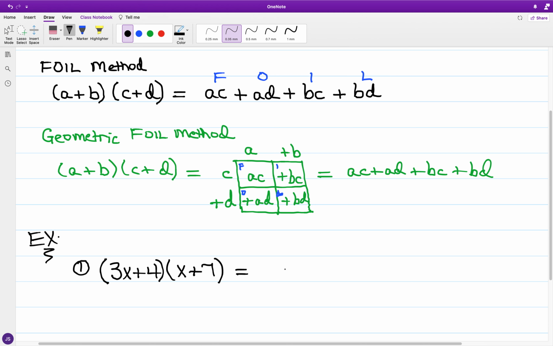So representing a times c, we have 3x times x. For the outside terms representing a times d, we have 3x times 7. For the inside, we have 4 times x.